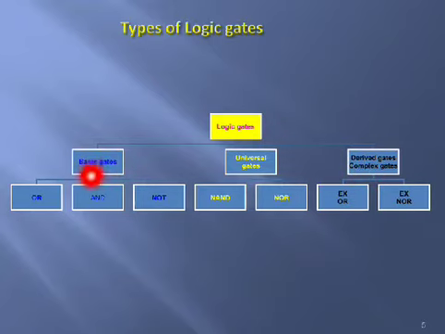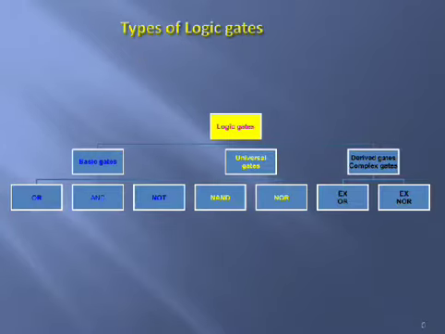Basic gates are further classified into OR gate, AND gate, NOT gate; universal gates into NAND gate and NOR gate; and derived gates into XOR gate and XNOR gate. So this is the overall classification of logic gates.